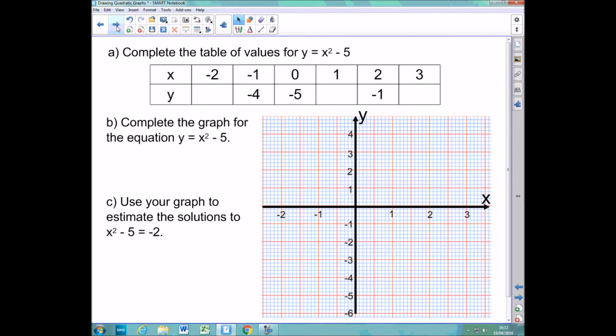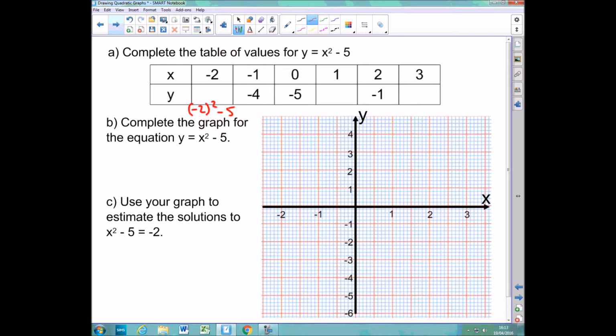Okay, so in my first example, I'm asked to complete the table of values for y equals x squared minus 5. Now we can tell this is a quadratic because this value here has a squared in it. So firstly, when x is minus 2, y is going to be minus 2 squared minus 5.